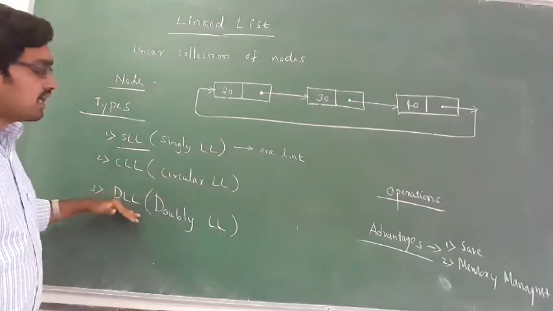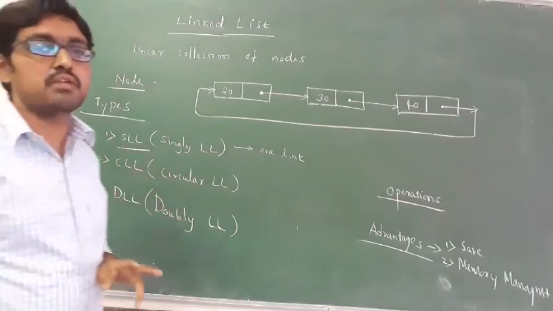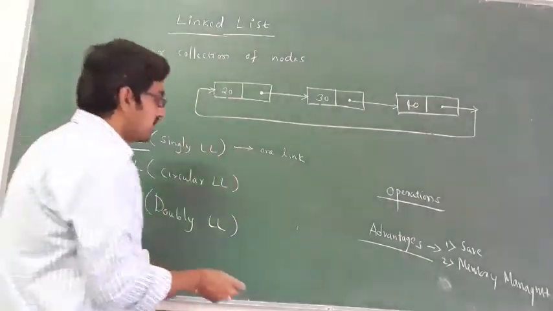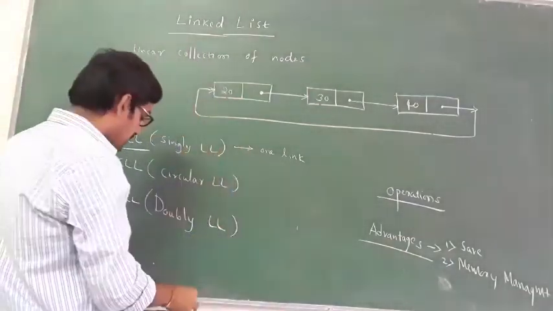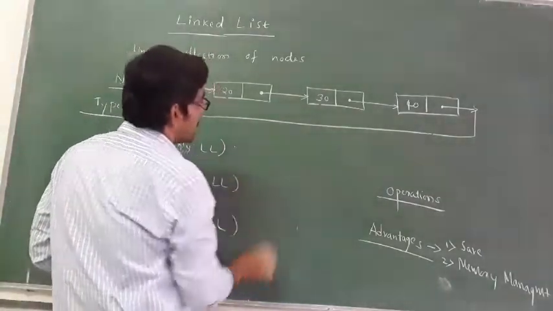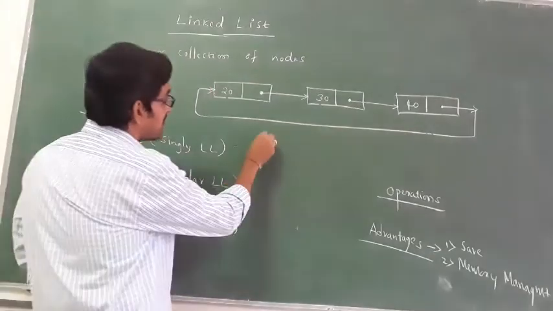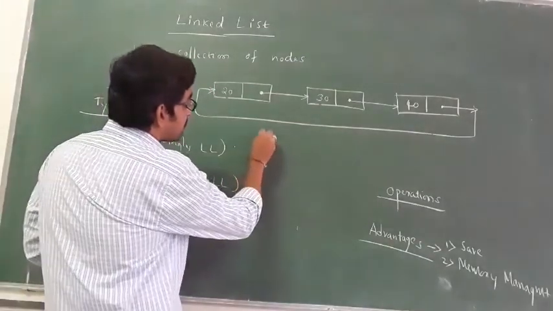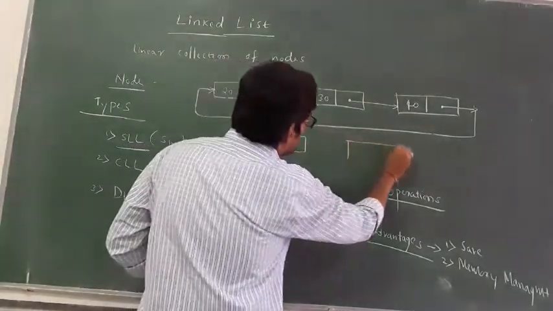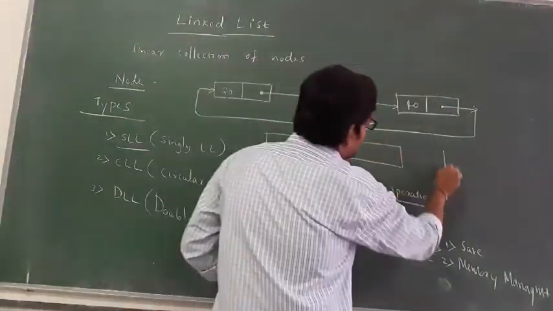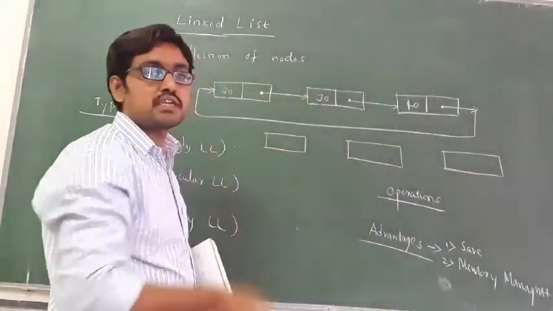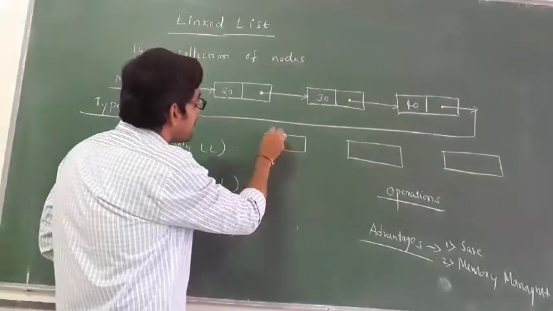Then doubly linked list. Doubly means double. Here we have two link fields. Two link fields means how will it work? See, for example, I am writing here one, then two, three. Here I am taking three nodes.